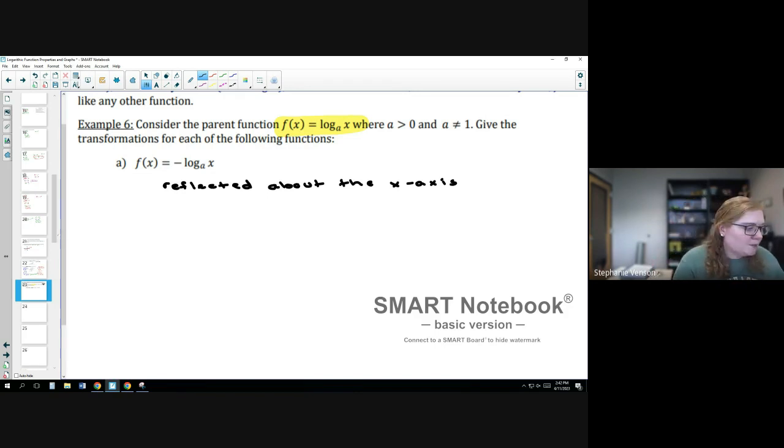This whole example, example 6, has parts A through H. What I'm doing in this example is showing you what transformations look like on logarithmic functions. So what I'm telling you in example A is that if you look at a logarithmic function and there is a negative on the outside, that indicates a reflection about the x-axis.